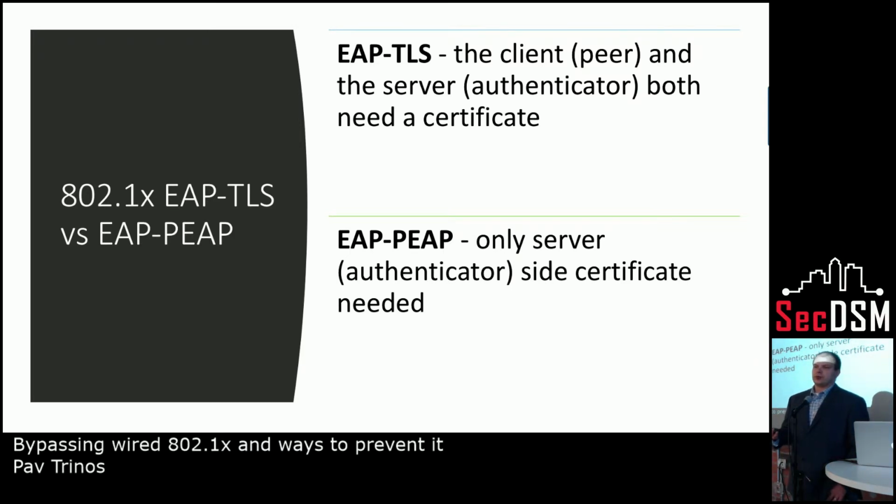Two major flavors that I see on the networks are TLS and PEAP. TLS is really a certificate-based authentication where the supplicant as well as the peer both have to trust each other.